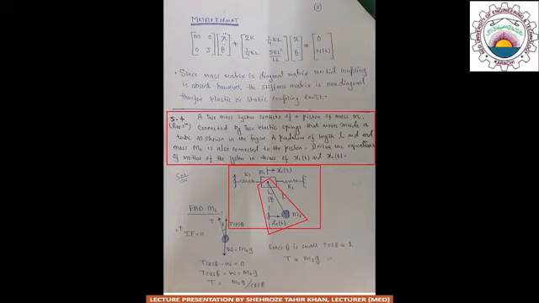When the pendulum oscillates with angular displacement theta, the mass m1 translates in the direction of x1(t), which means the pendulum also translates having some linear displacement, let's call it x2 of t.